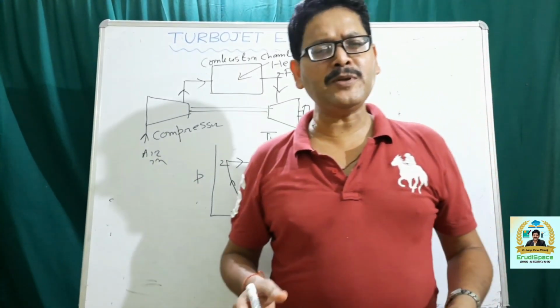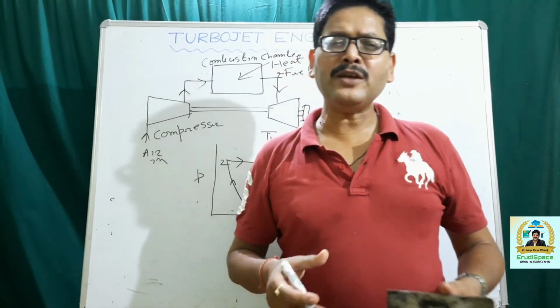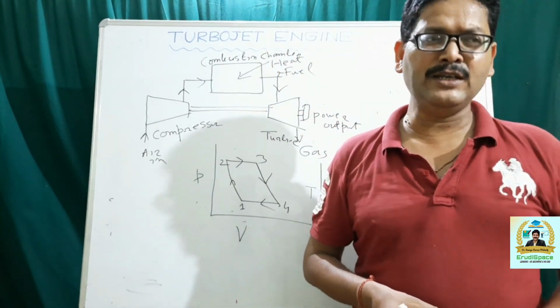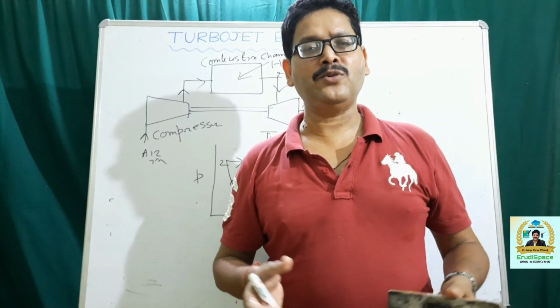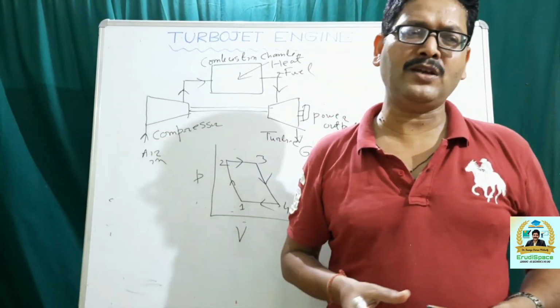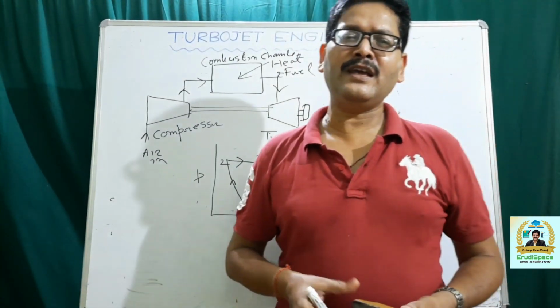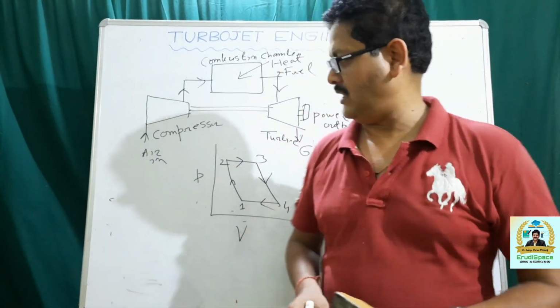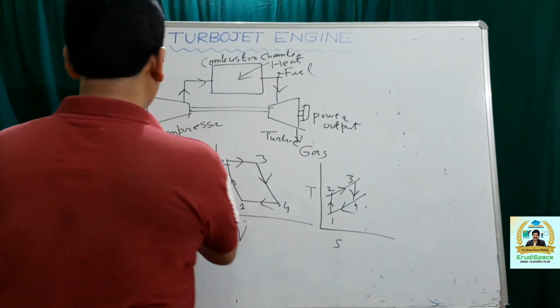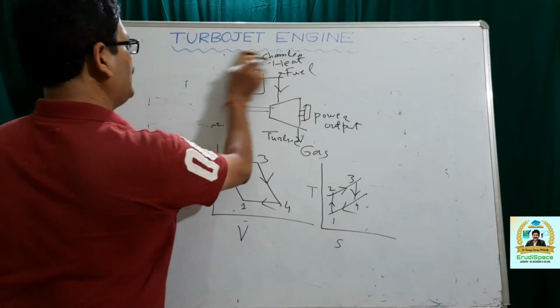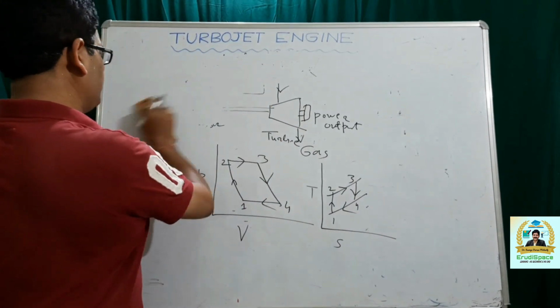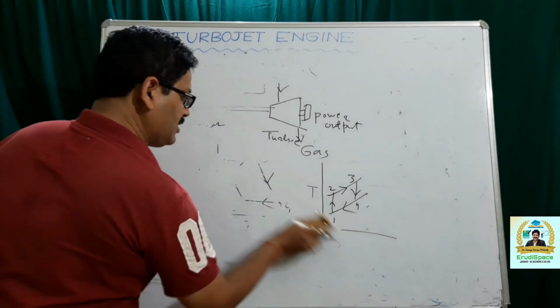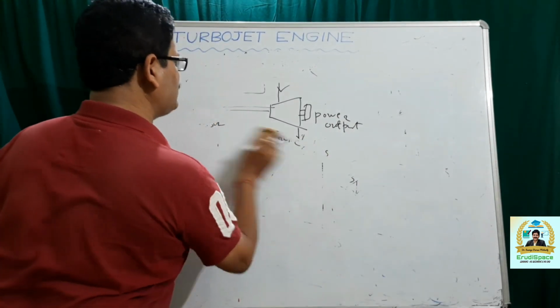In the turbojet engine, the compression process is carried out in two components: the diffuser and the compressor. Similarly, the expansion is carried out in the turbine and nozzle. So let me draw the schematic diagram of the turbojet engine so that you can understand the actual operation.